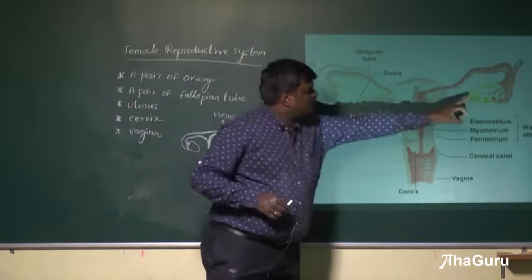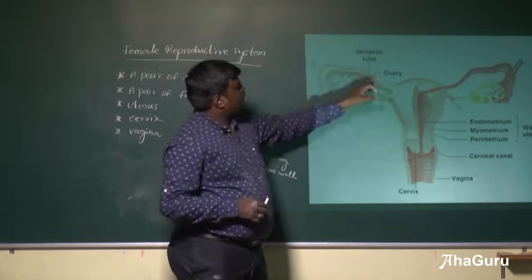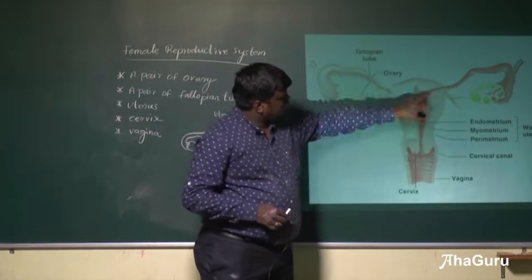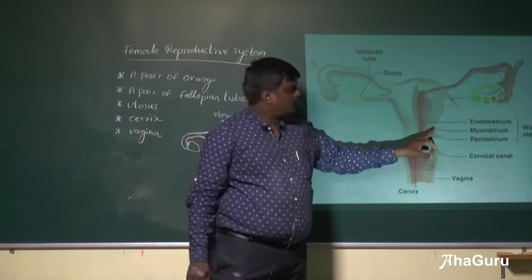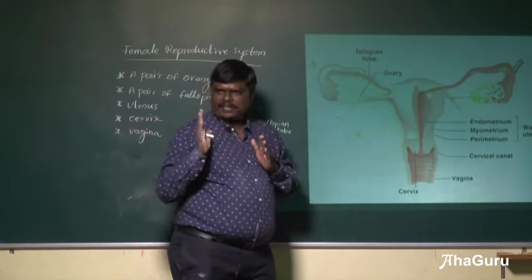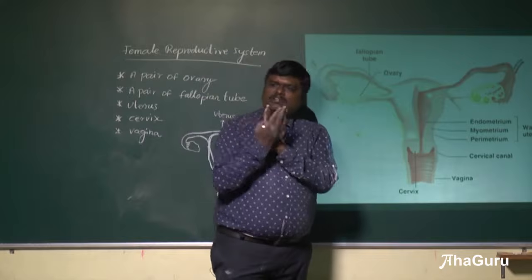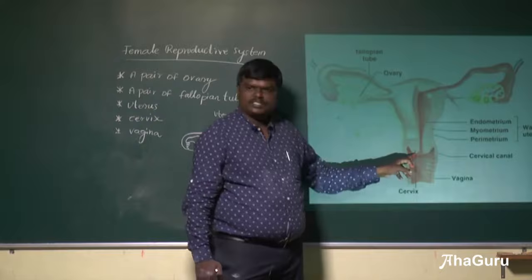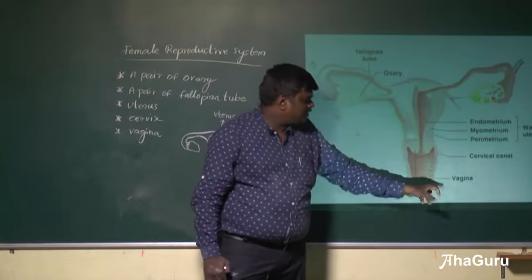A pair of ovary will be there and a fallopian tube, and this region is the uterus. The uterine wall has 3 layers: endometrium, which is the inside, next is myometrium, and the outer is called perimetrium. The cervical region is called the cervical canal, and then the vagina.